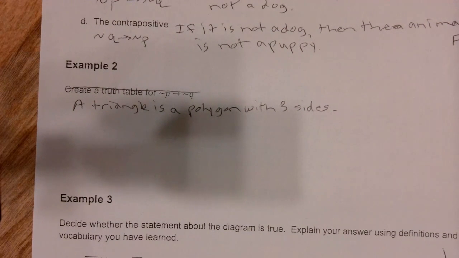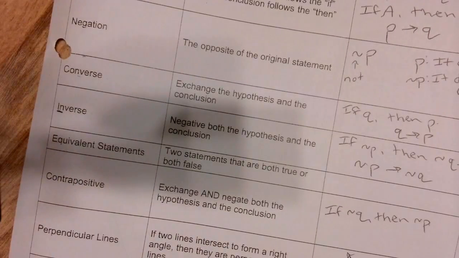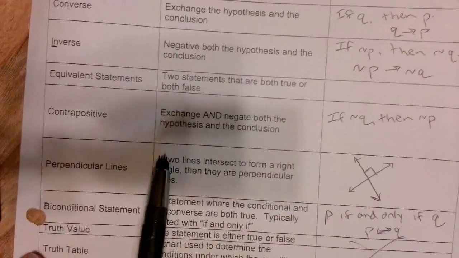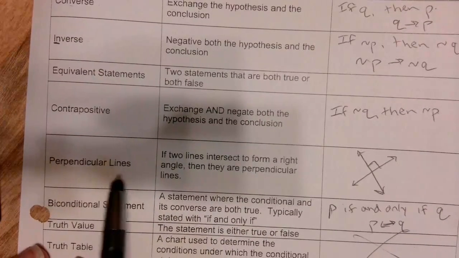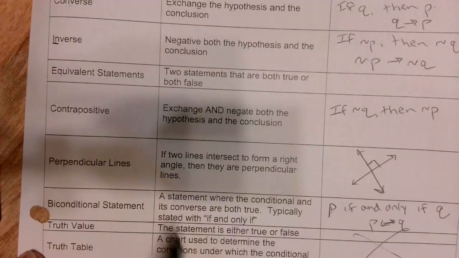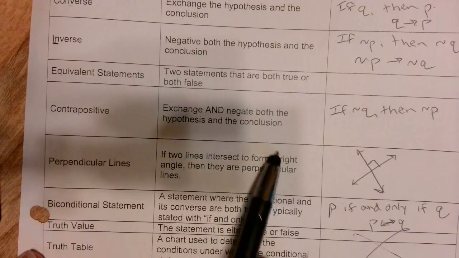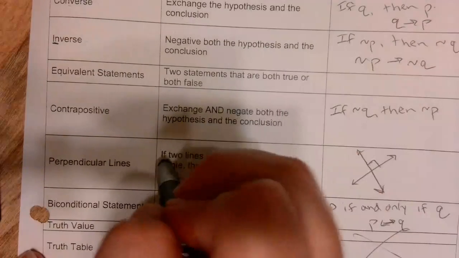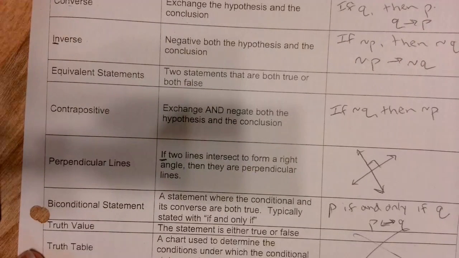We're going to use this and create an if-then statement. So it's similar to here. If you look, this perpendicular definition, it always throws me off because it doesn't seem to belong. But if you actually read the vocab, the definition here, if two lines intersect to form a right angle, then they are perpendicular lines.